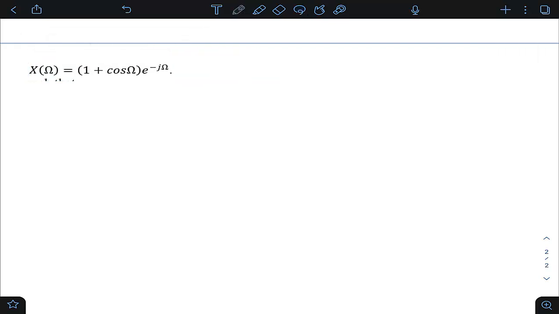Yeah. So X of omega is given by this one. I can say that X of omega is e raised to power minus j omega. Okay, we can do it this way: X of omega equals 1 plus e raised to power j omega plus e raised to power minus j omega, divided by 2.